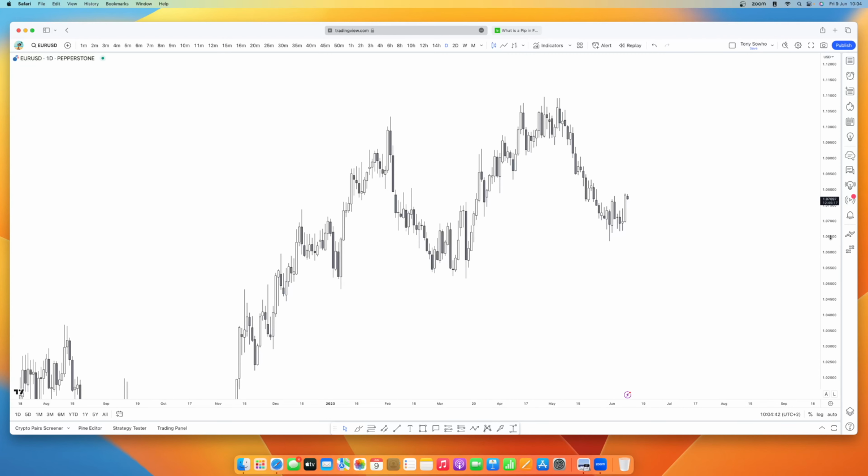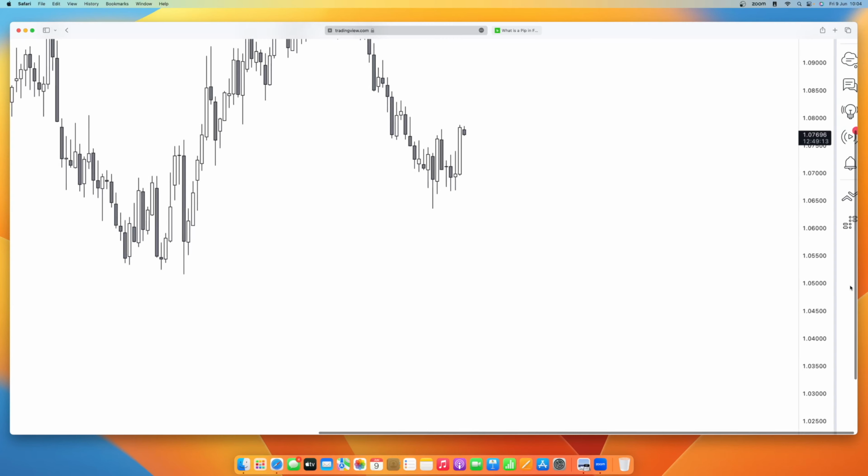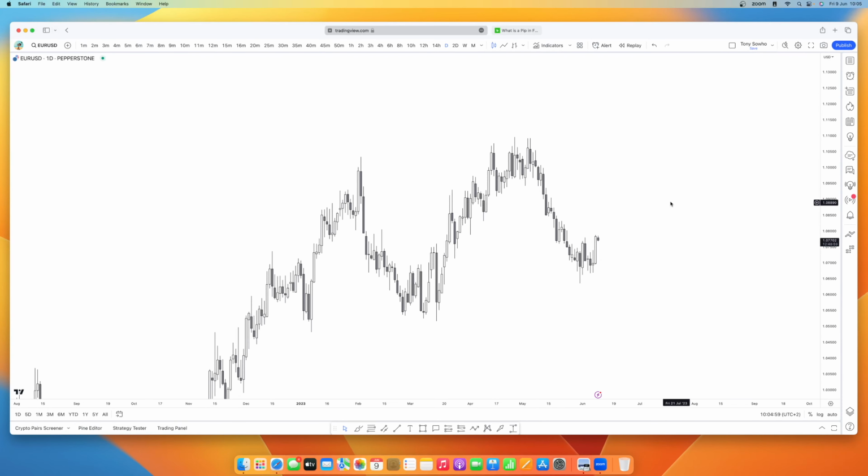Let me zoom so you can see. You see this 1.07696. That's the current exchange rate for Euro USD.